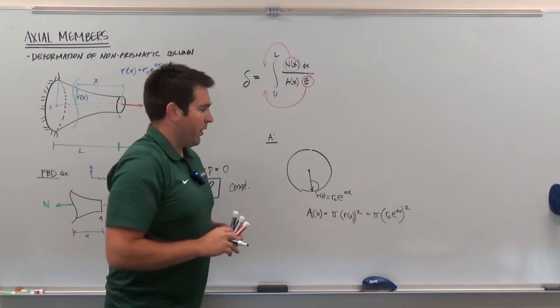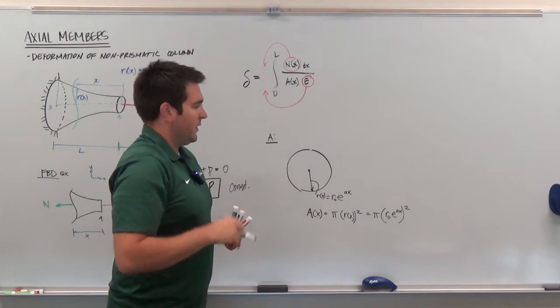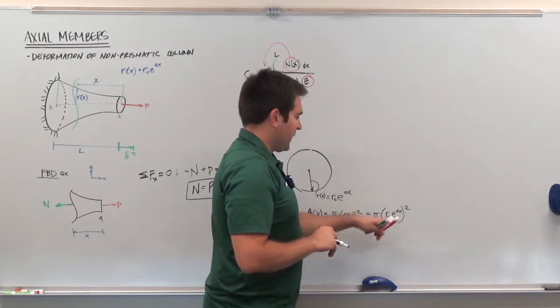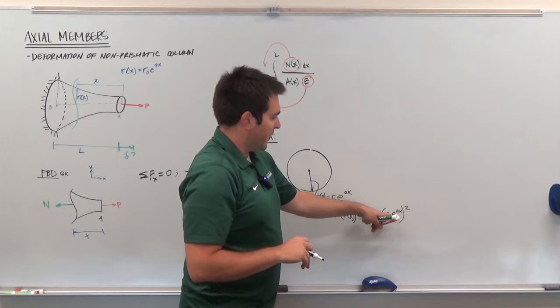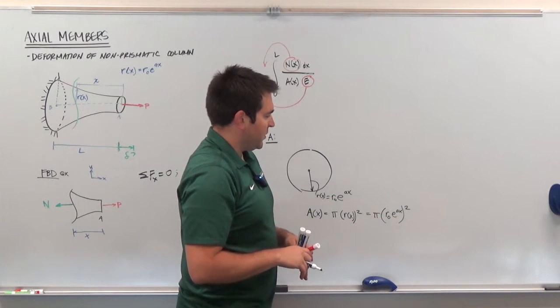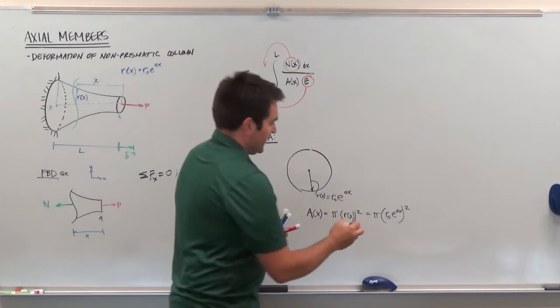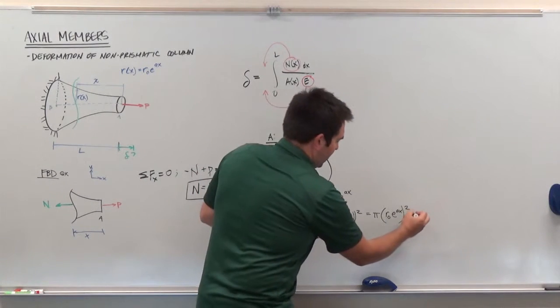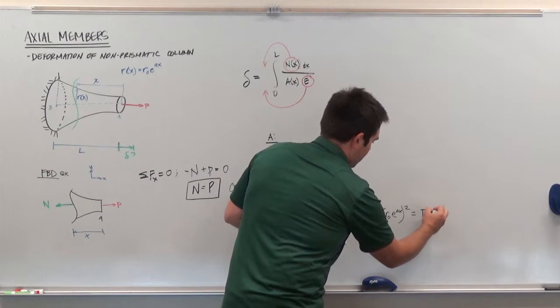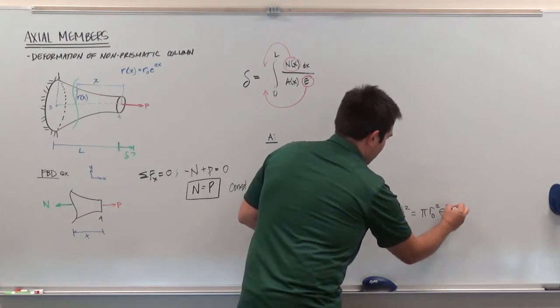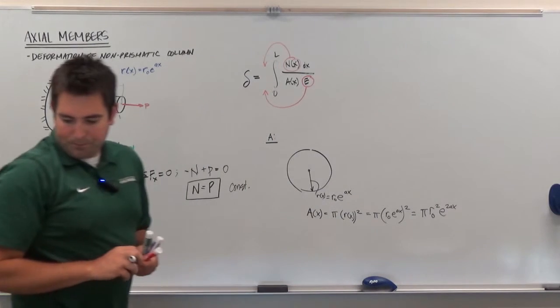This is relatively easy to square because I can just multiply the exponent by the 2. I can multiply the exponent of r by 2 as well, because r naught to the 1 is all that this represents. And so we get pi r naught squared e to the 2ax.